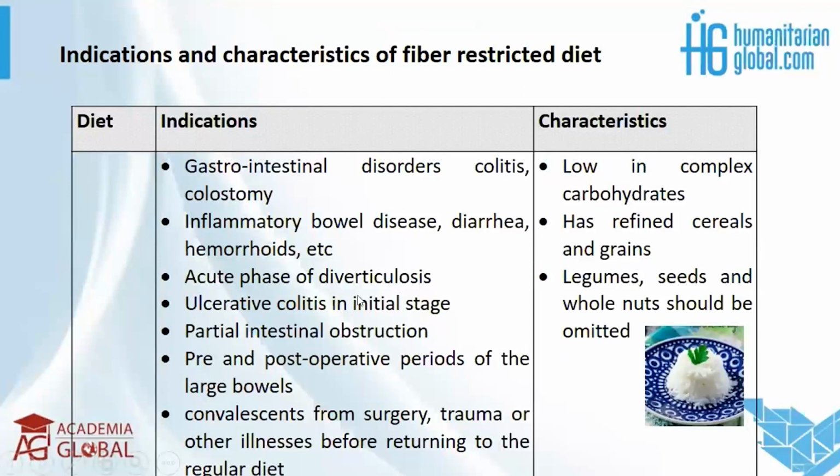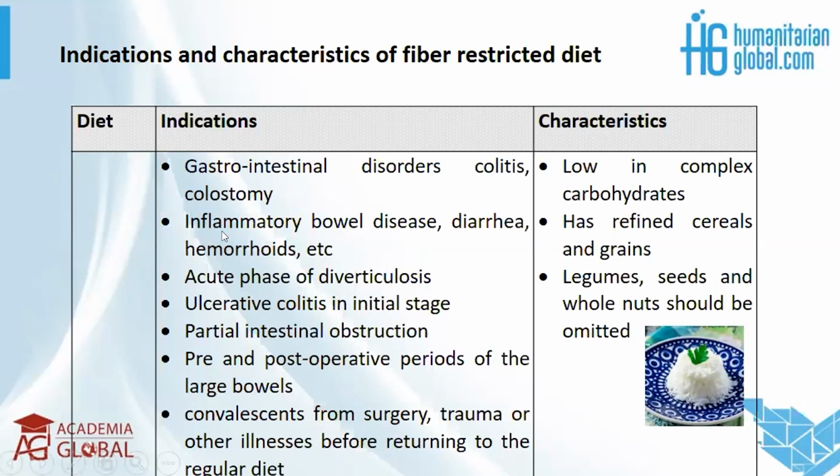So where the diets, anything that you have removed fiber and connective tissue, that is the diet. Indications: it is prescribed in many gastrointestinal disorders like colitis, inflammation of the colon, colostomy, that is some surgical procedures that may occur in the colon, inflammatory bowel disease.